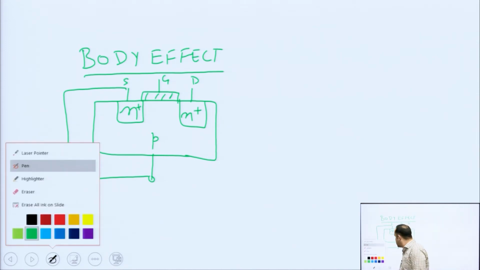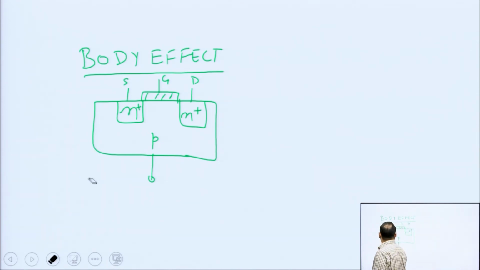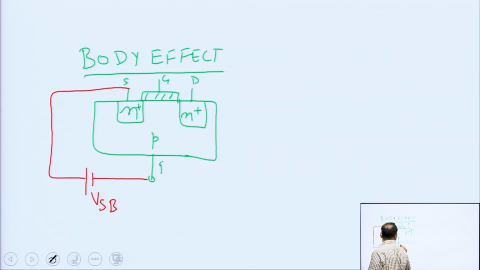What if we do not short these, and instead I apply some voltage here? Let us call it VSB. This is your body electrode. In this case, what is going to happen? I have connected the negative terminal to the body and the positive terminal to the source.